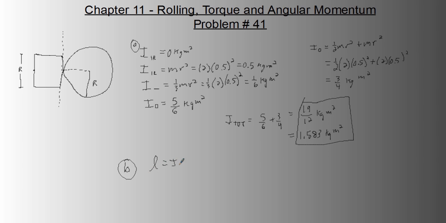That's just I omega. We found I, so that just equals 19 over 12 times omega. What's omega? Omega is theta over time.